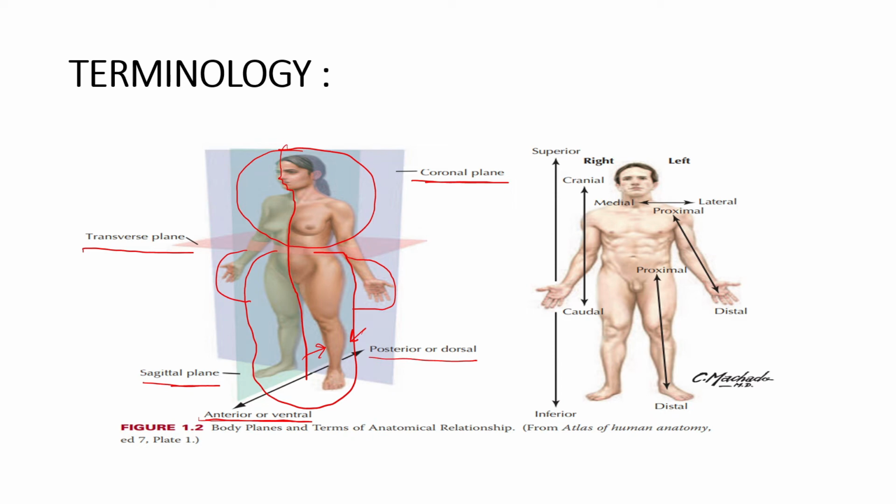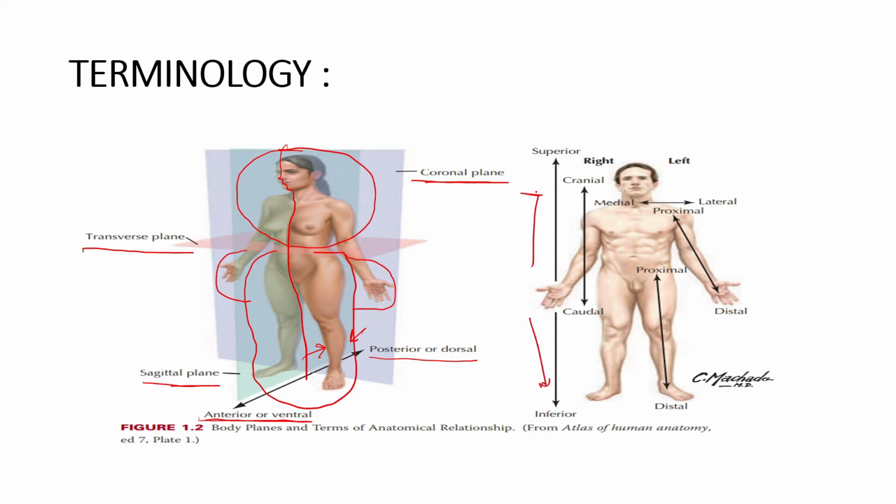So any part of the body if cut in like this plane, then that cut also will be called that transverse section or sagittal section, like sagittal section of the brain, transverse section of the brain, coronal section of the brain, like this. The upper portion is called superior and the lower portion is called inferior.